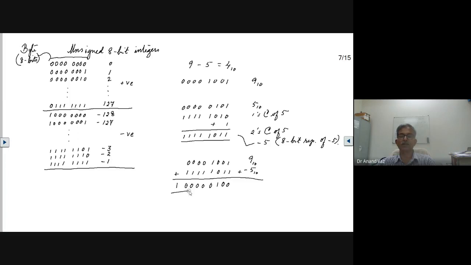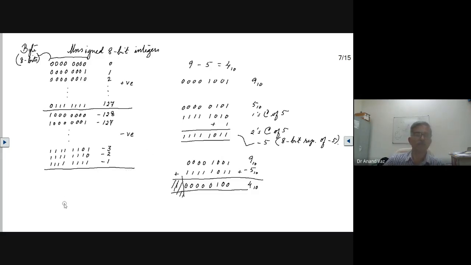But because you are doing 8-bit representation, you will have to chop off this excess bit, and you are going to get 4. Okay. So this is equal to 4. So 9 minus 5 is 4. This is how it's done using signed bits representation.